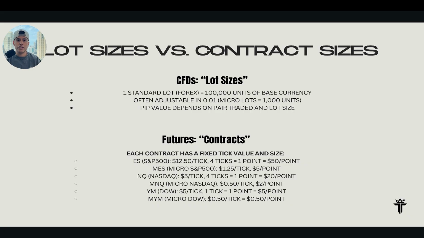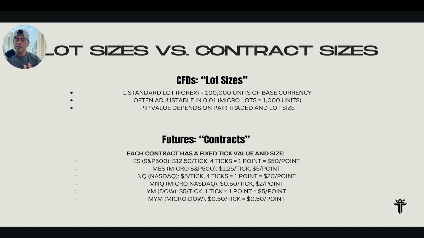So with some of the majors, that's just to make it oversimplified. And the pip value depended on the pair that you were trading. So if you were trading USD/CAD and then you were trading GBP/USD, or you were trading a cross pair like EUR/CAD, those aren't all the same. They actually had different values. A lot of people didn't even know that.